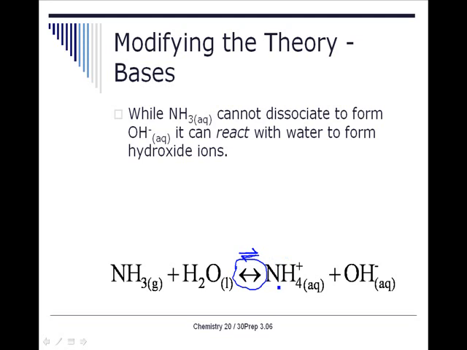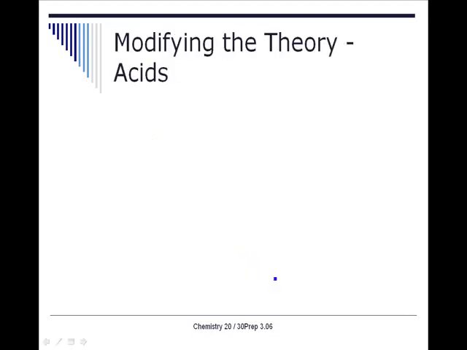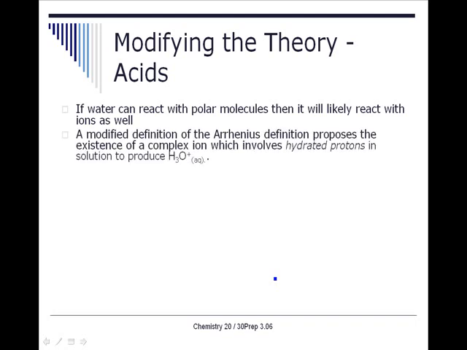So it's a two-headed arrow, and what this means is it's an equilibrium reaction, or it's a reaction that doesn't go all the way to one side. And we'll talk a little bit more about that in the next lecture, but for now, that should do for us. So instead of dissociating, they're going to react with water to form hydroxide ions. And so if we're going to say that water can react with very polar molecules, we can also say that they'll react with ions as well. And so here's how we can start.